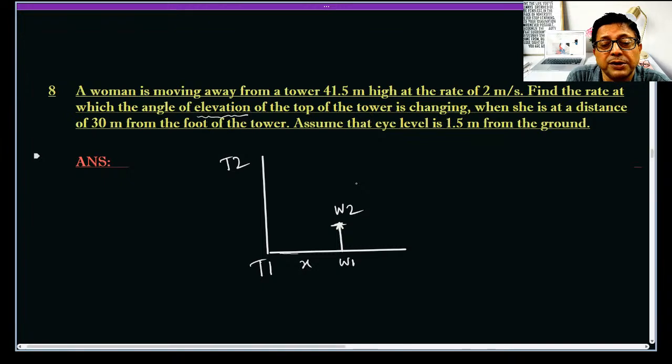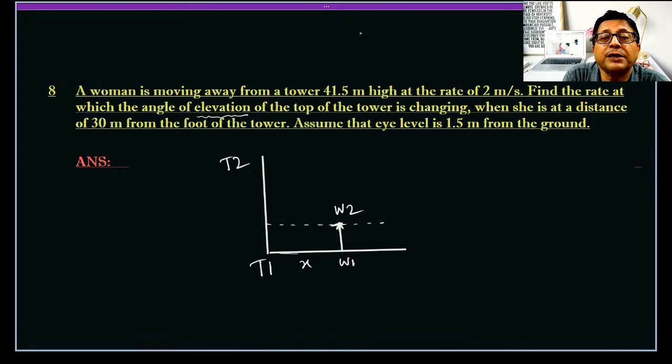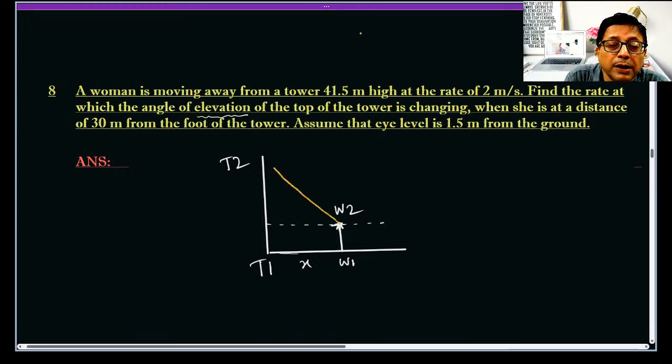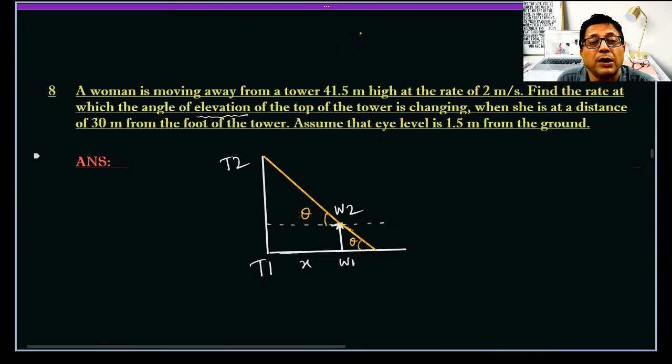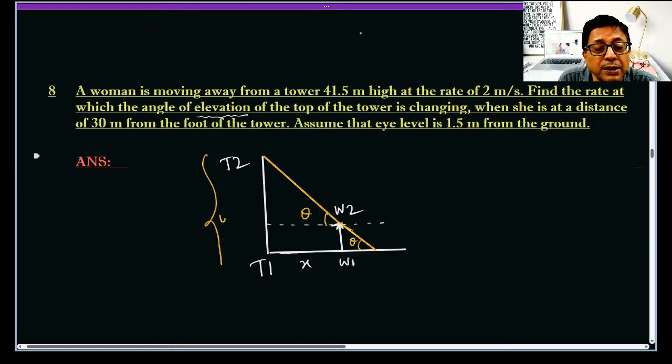Okay. Angle of elevation. You know angle of elevation? If she looks there directly, then angle made by this line of sight with the horizontal is called angle of elevation, isn't it? Another one is angle of depression. I've joined this also because this is equal to this. Clear? Now this one x. Height of tower is given 41.5 meter.